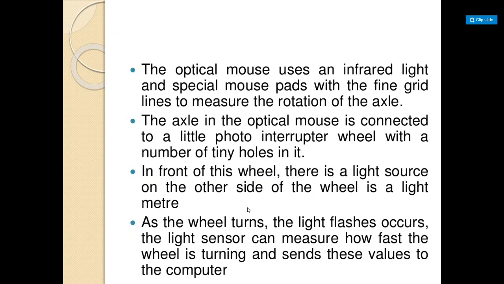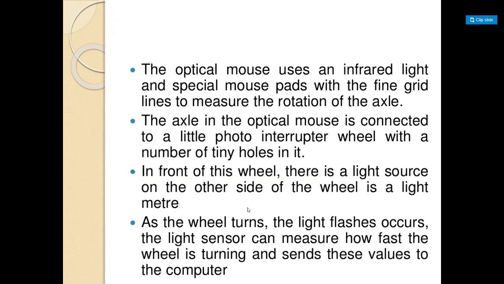So when it has tiny holes, what happens is a light is passing, and there is a disc in front of that light, and this disc has holes. So if it is moving in one direction, the light is being passed and your disc rotates.